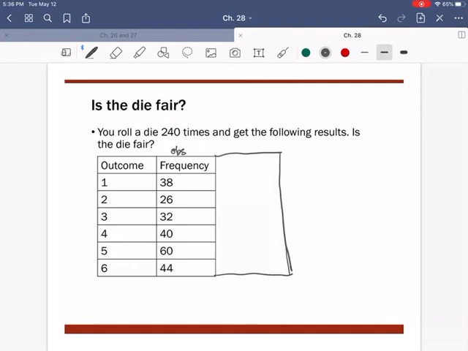We got 38 ones, 26 twos, and so on. What we would have expected is 1/6 of the 240 to be each of those numbers. So if we take 240 and divide it by 6, that's 40, meaning we would have expected 40 of each of these.